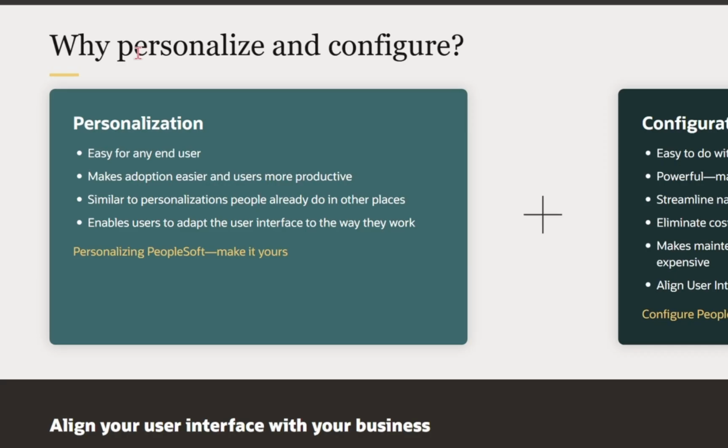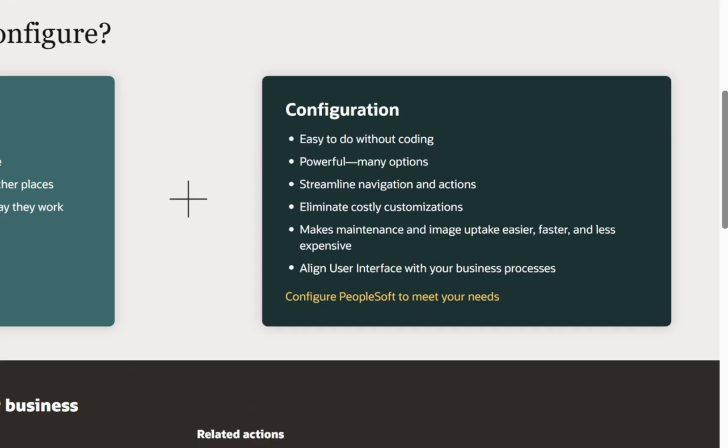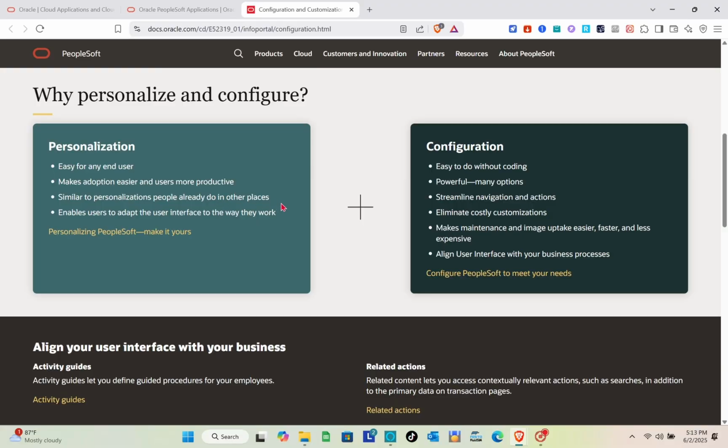Why personalize and configure? Personalization is easy for any end user, makes adoption easier and users more productive, similar to personalization people already do in other places, and enables users to adapt the user interface to the way they look. Plus the configuration.